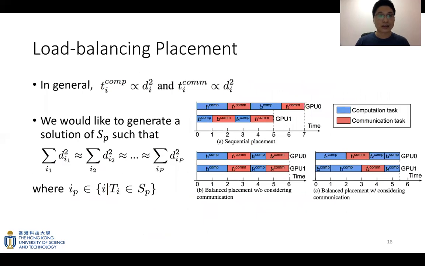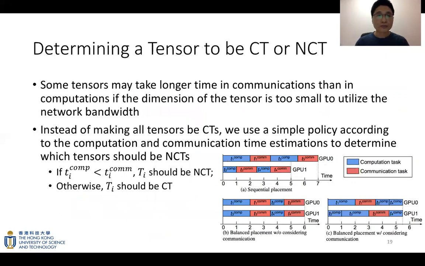The key idea is that we model the communication cost and computation cost with respect to the dimension of tensors, so that we can place different tensors on different GPUs and achieve load-balanced workloads. We also need to determine which tensors should be distributed across multiple GPUs and which should not, so that we can balance the computation cost and communication cost.